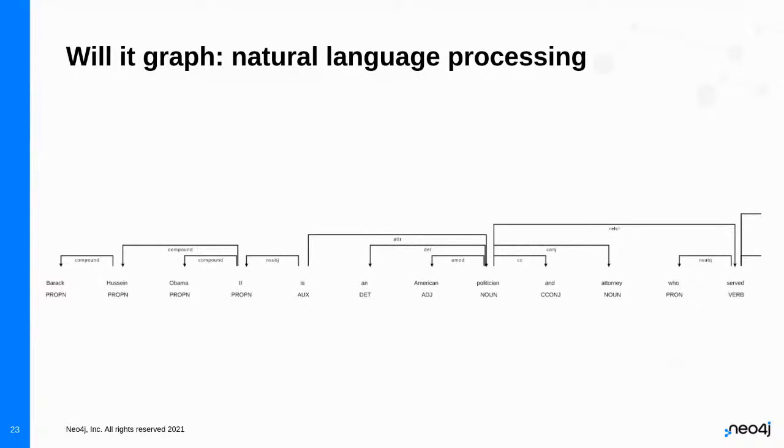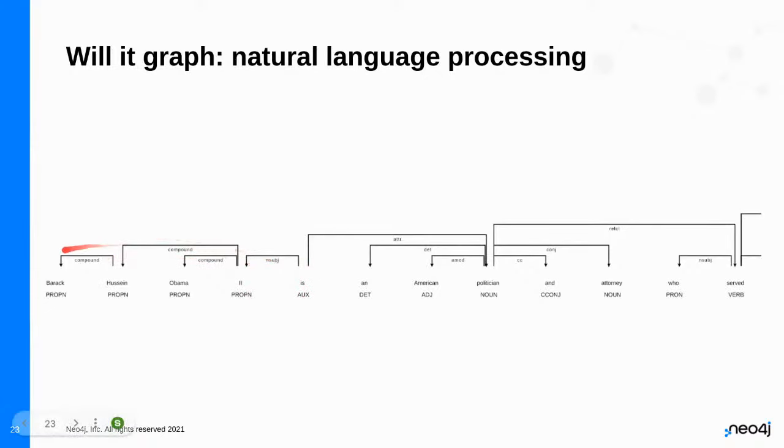What I've taken is part of the first sentence of Barack Obama's Wikipedia entry, and there are relationships between words. For instance, here's the word is, and is the root of the sentence. If you work in NLP, that's great. For those of you who aren't familiar with the root, it's the most important verb within the sentence. It describes what's happening. But there are words that are important to the word is.